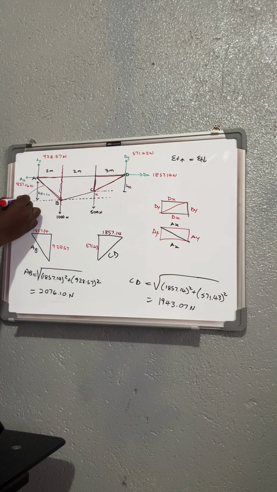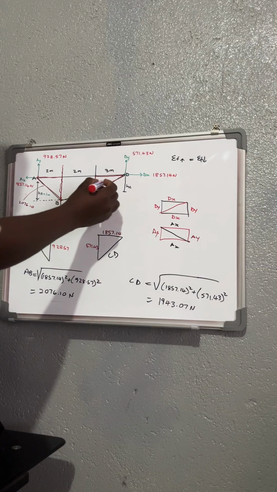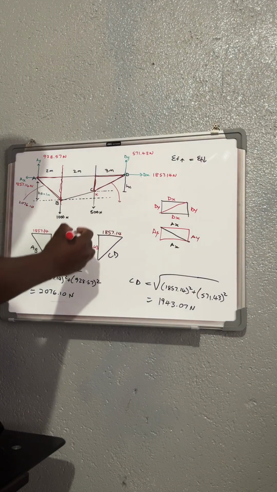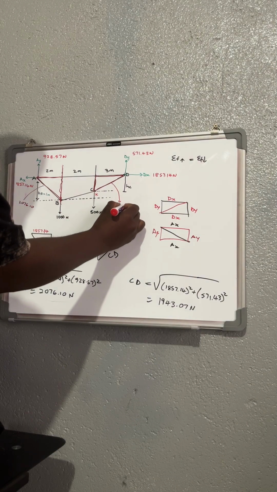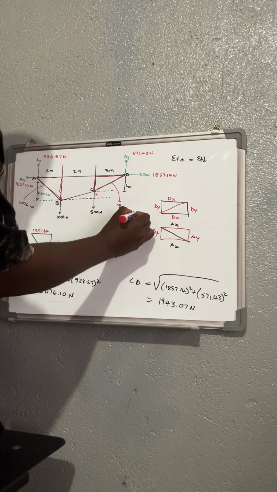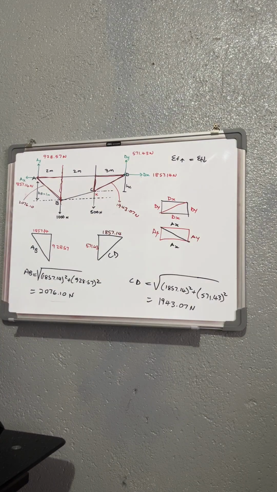It's what? That's 2076.10 or whatever value that you're going to get on your side. Then this one we've calculated it as 1943.07 Newton. So now we were successfully able to determine the force in A, B, and C.